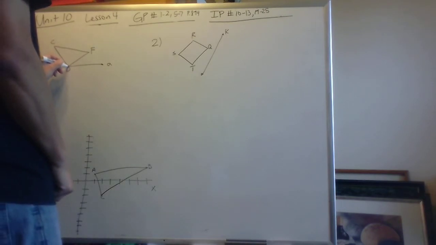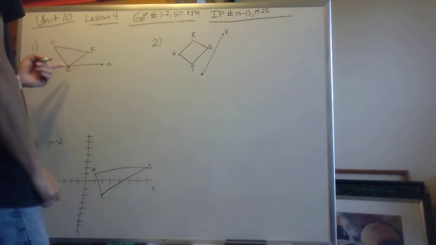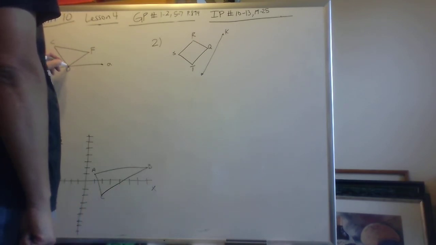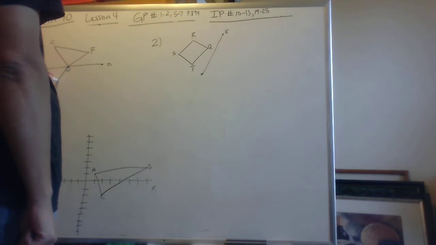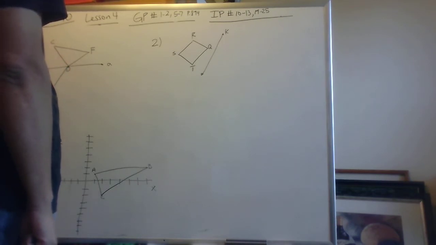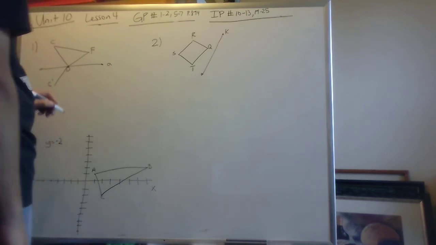So first of all, D being reflected over line A is going to be at line A. So then I'm just going to draw the other components. So C is right here, and what we're going to label that as is C prime.